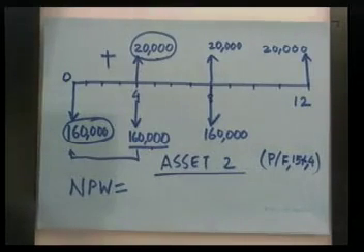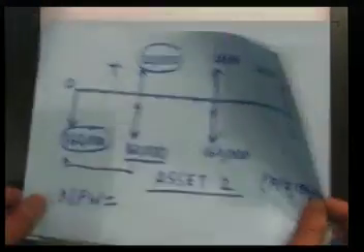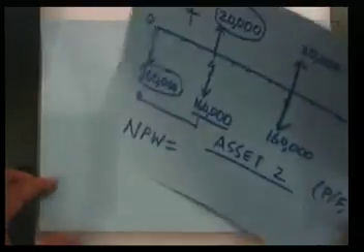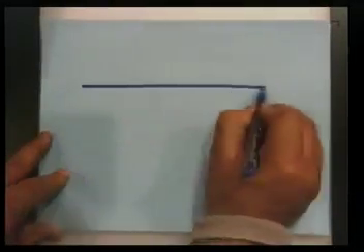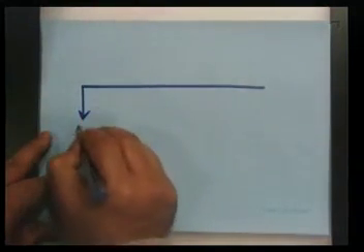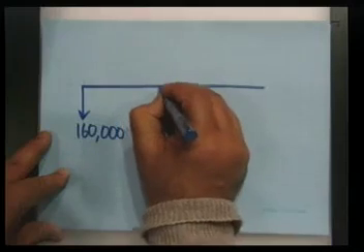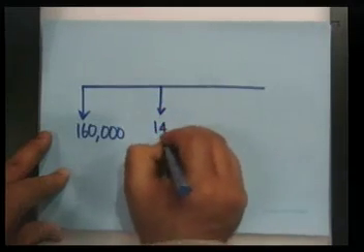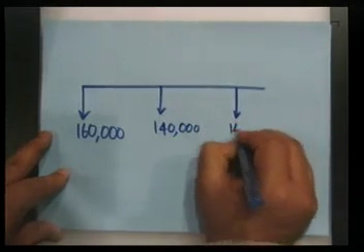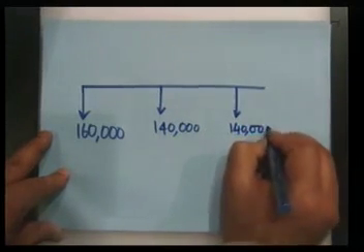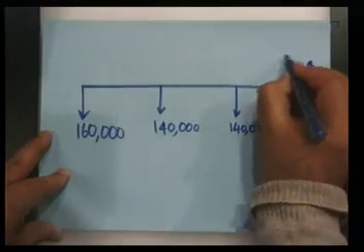140,000. So, I can change this cash flow diagram to something like this. Here I have 160,000. This becomes 140,000. Again this becomes 140,000. And finally, I have 20,000 here.